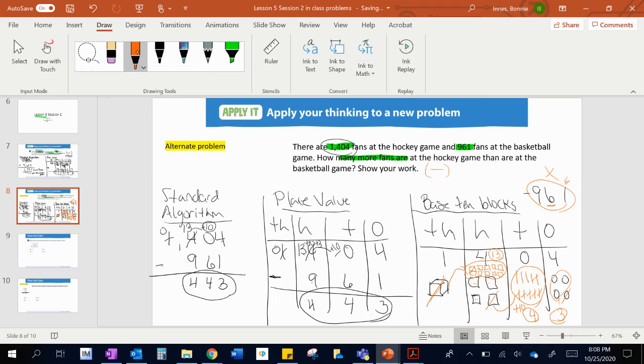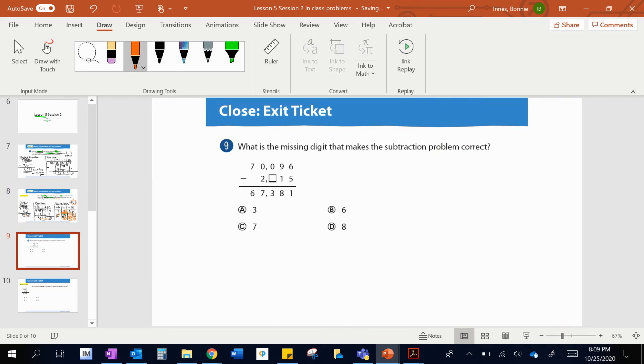So 1, 2, 3, 4, 5, 6, 7, 8, 9. All right, now I count how many are left. I have 1, 2, 3, 4 left. So my number is 443, just like 443 here, 443 here.